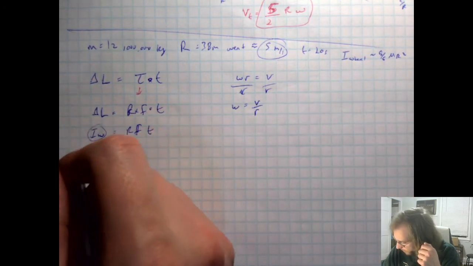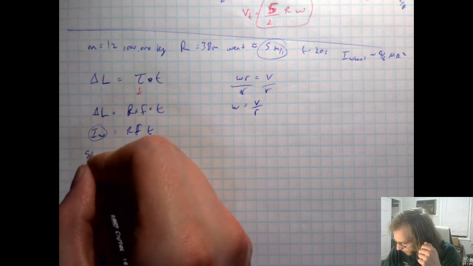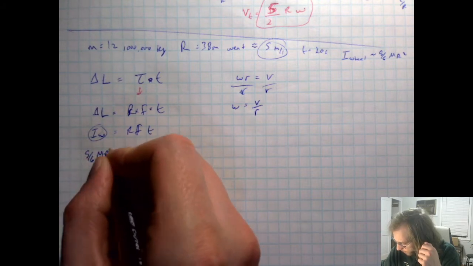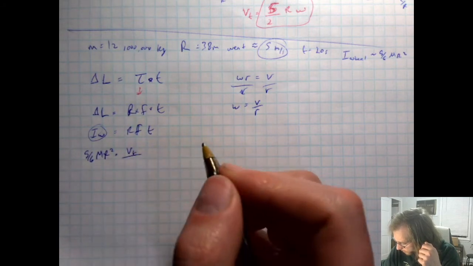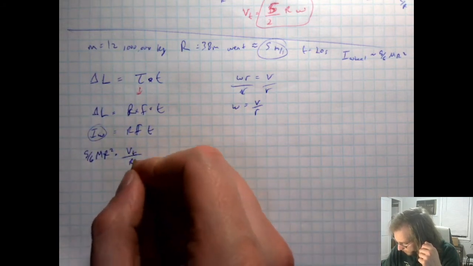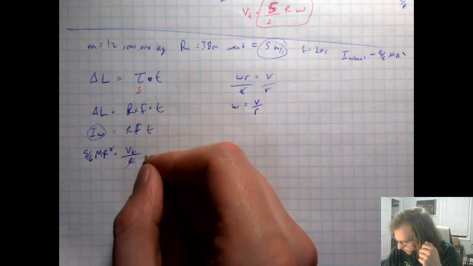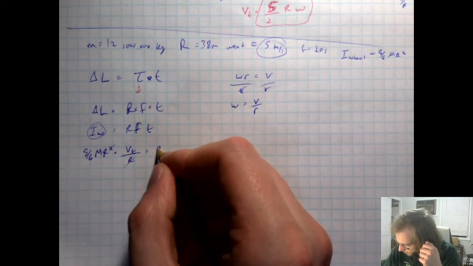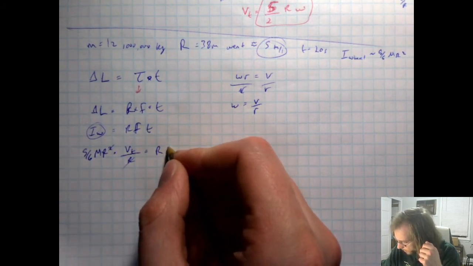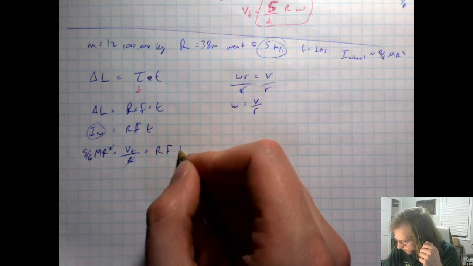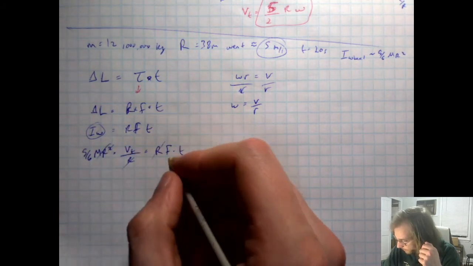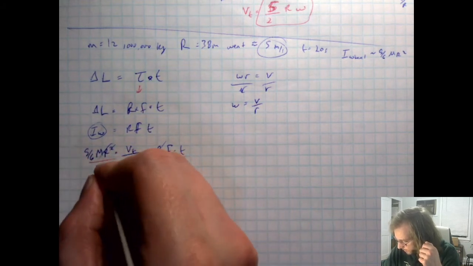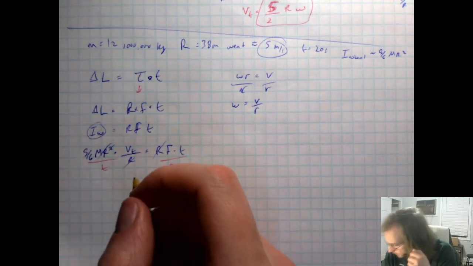Plugging those in, we get 5/6 mr squared times our tangential velocity divided by our radius. Cancel, cancel. That will need to be equal to our radius times our force times our time. Radius can be canceled from both sides, divide by the time, and we are done.